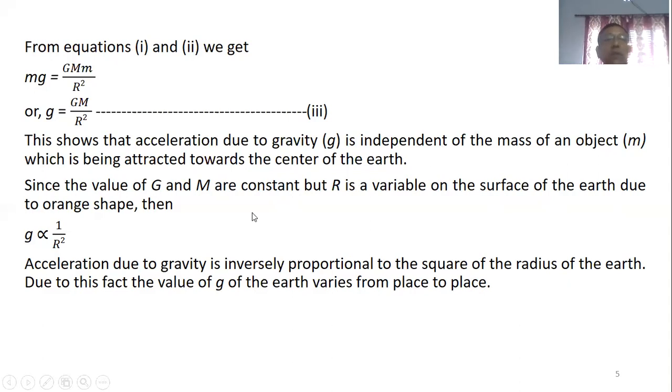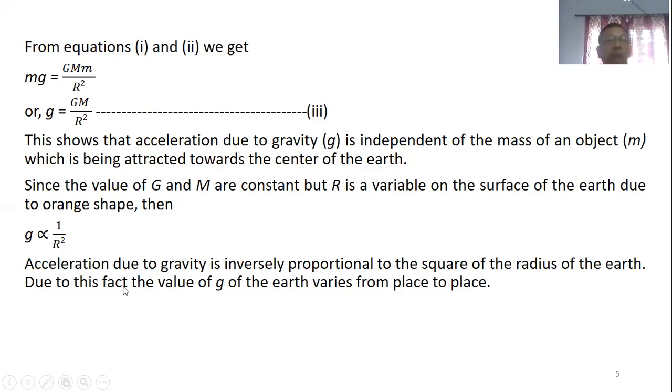Since the values of G and M, that is, the universal gravitational constant and the mass of the Earth, are constant, but the radius of the Earth R is variable on the surface of the Earth, we get g is inversely proportional to R square. That is why acceleration due to gravity is inversely proportional to the square of the radius of the Earth.